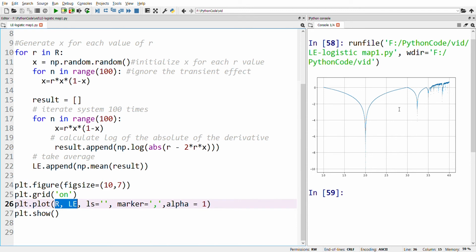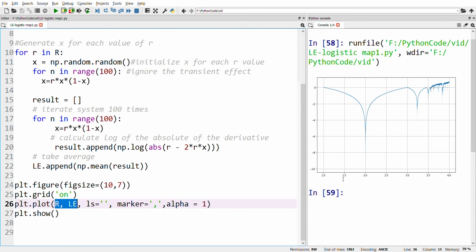If it shows positive, then it is chaotic, or else it is non-chaotic. Here we see that from R equal to 1 to 3.5, it is negative, and for R greater than 3.5, the Lyapunov exponent is positive.